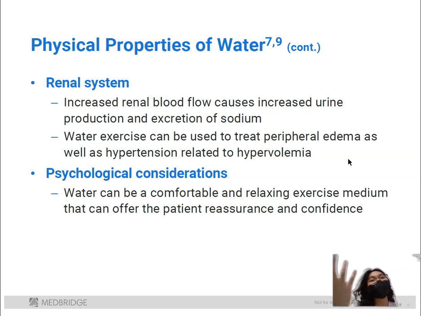And when we increase the urine production, ibig sabihin, mas marami kang inihi, okay, marami kang nilalabas, the blood volume decreases. Also, to add, excretion of sodium. Okay, kung nasa ng sodium, doon nagfa-follow si water. Alright?